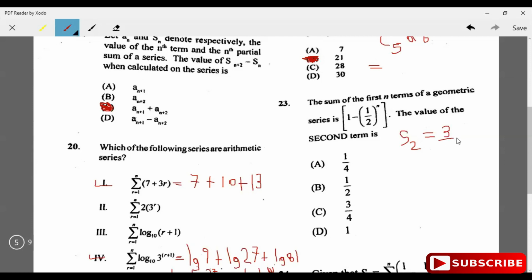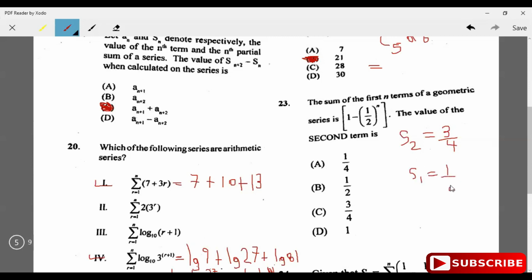So the sum of the first two terms is 3/4, not the second term. The sum of the first term is a half, because when n equals 1, we get a half.